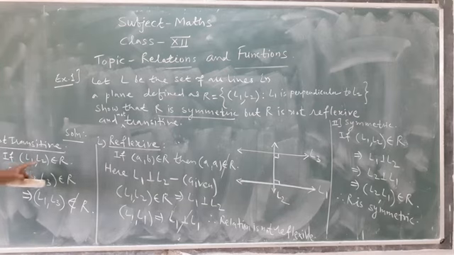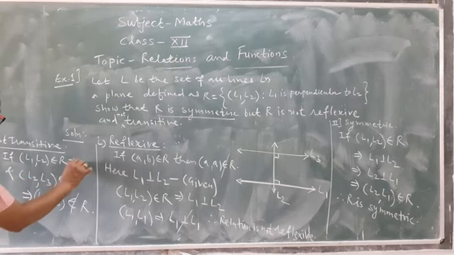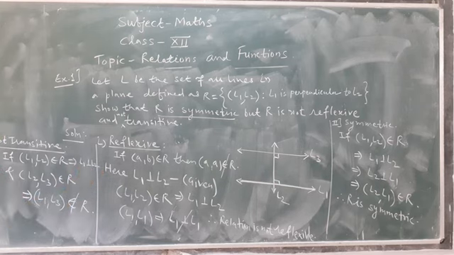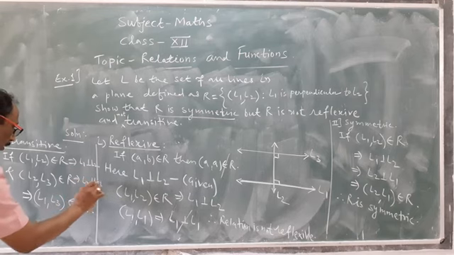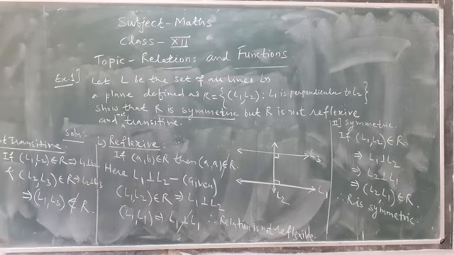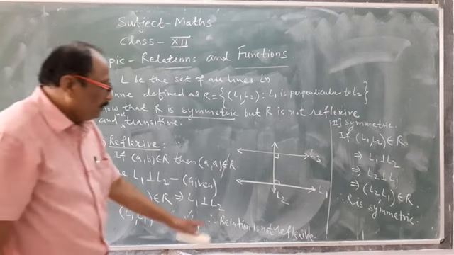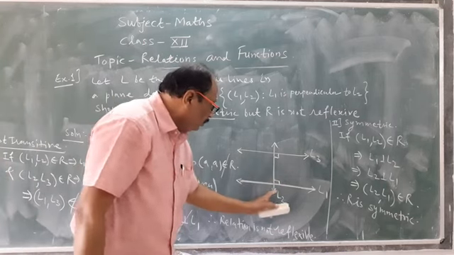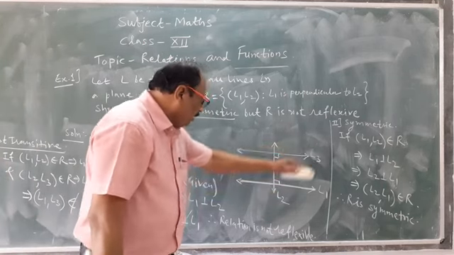(L1, L2) belongs to R, its meaning is L1 is perpendicular to L2. (L2, L3) belongs to R, meaning L2 is perpendicular to L3.